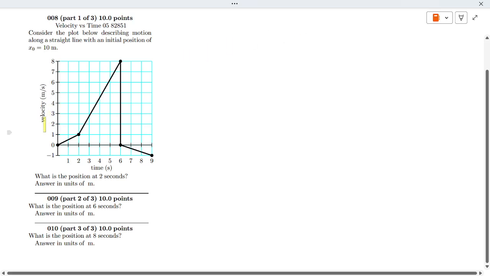With our velocity versus time graph, what these points are showing us is not the position, it is the velocity. It's how fast the object is going. In this case, the slope of the velocity versus time graph is the change in velocity divided by the change in time, and that is equal to the acceleration.